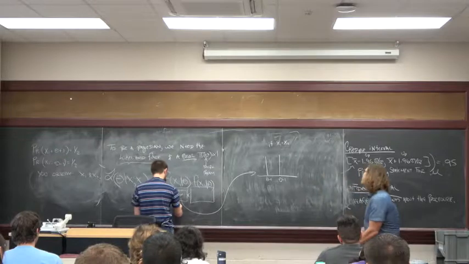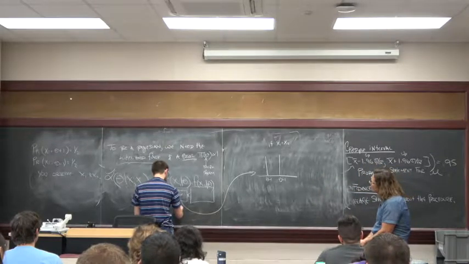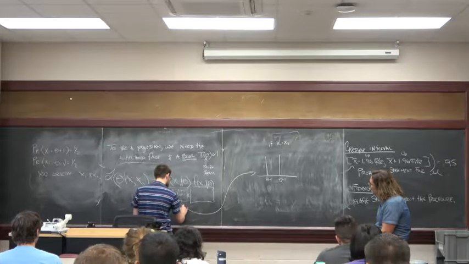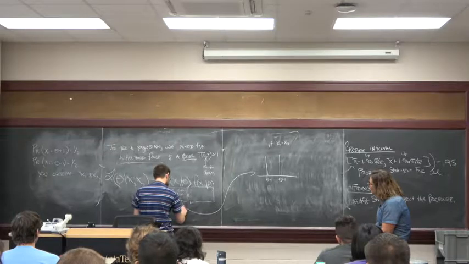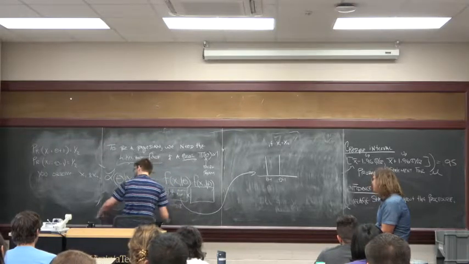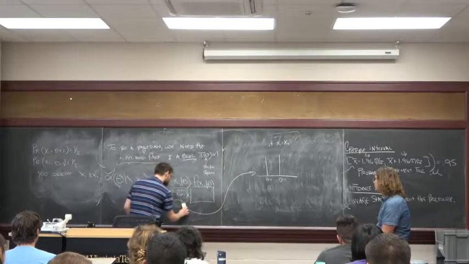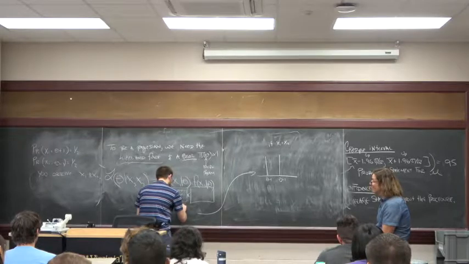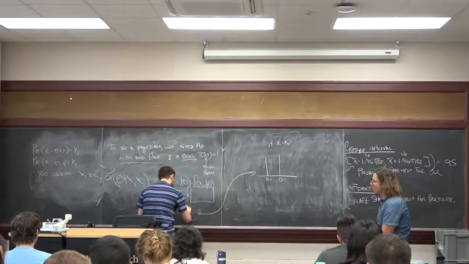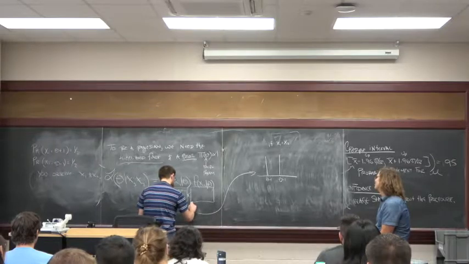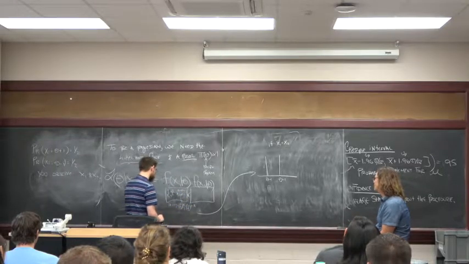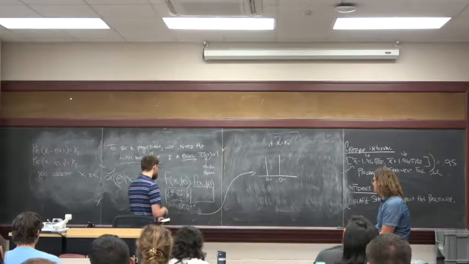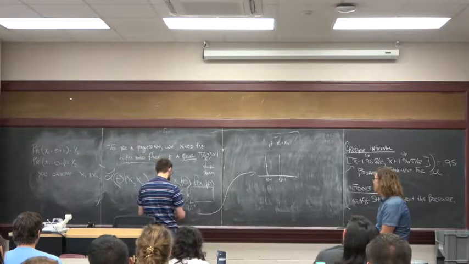Plus 2 times 0.5 to the x1 times, times 1/2 to the x1, times 1/2 to the 2 minus x1, I think.